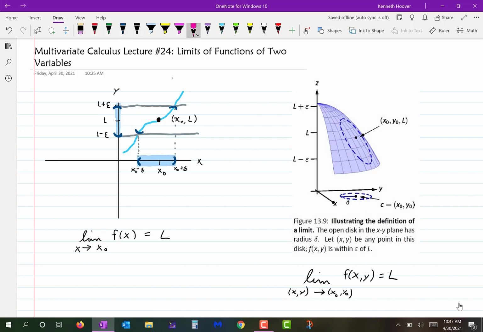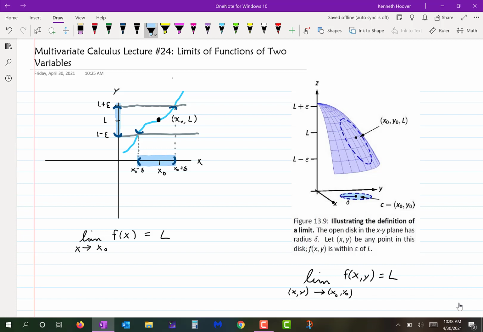What is this blue shaded part there? That just shows the numbers that are within a distance of delta from x naught. So that same idea is in this other picture, except instead of shading an interval on the number line on the x-axis, we're shading a disk, or what some people would call a ball, on the xy plane. Those show all of the points that are within a distance of delta from x naught, y naught.